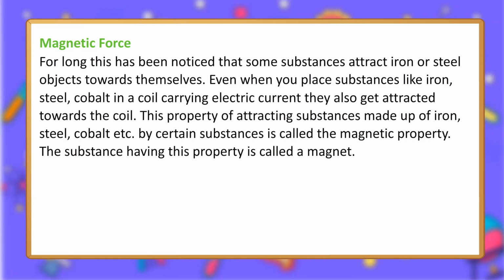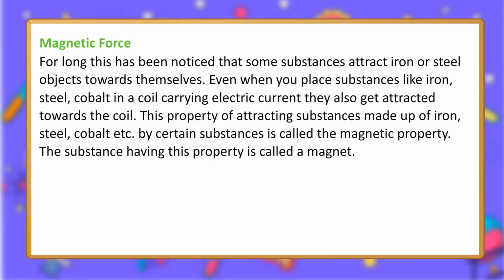Tabletop. Magnetic force. For long it has been noticed that some substances attract iron or steel objects towards themselves. Even when you place substances like iron, steel, cobalt in a coil carrying electric current, they also get attracted towards the coil. This property of attracting substances made up of iron, steel, cobalt, etc. by certain substances is called the magnetic property.